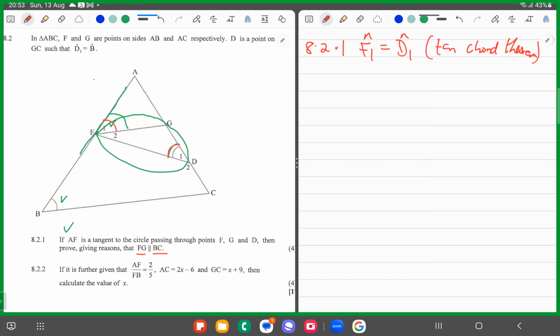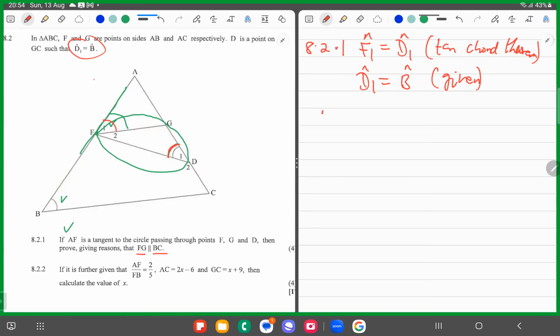Now angle D1 is equal to angle B. Why? Because it was given that way. They marked them equal.